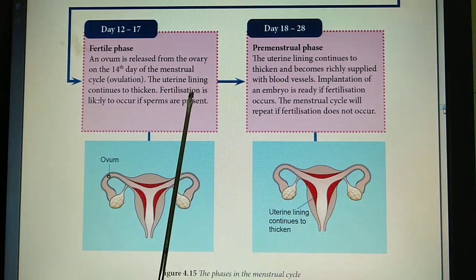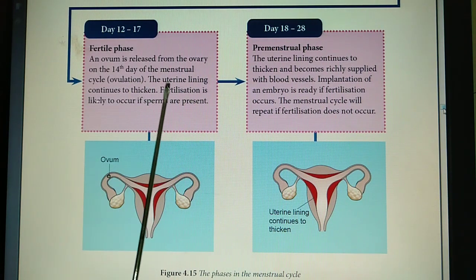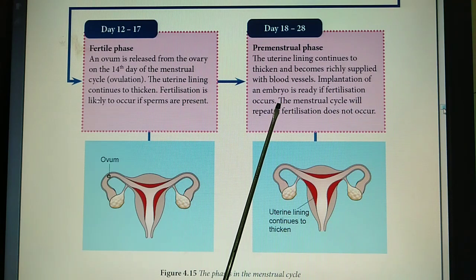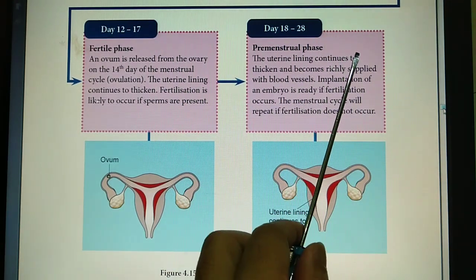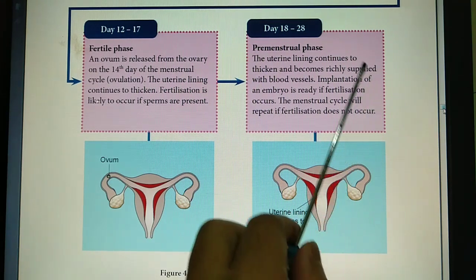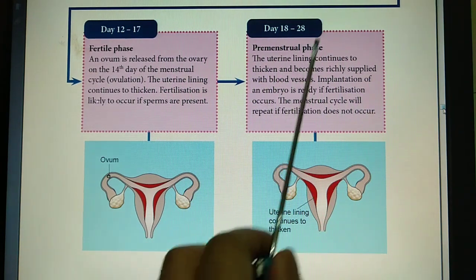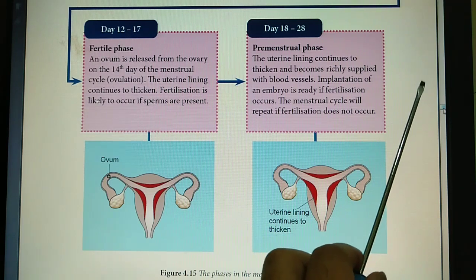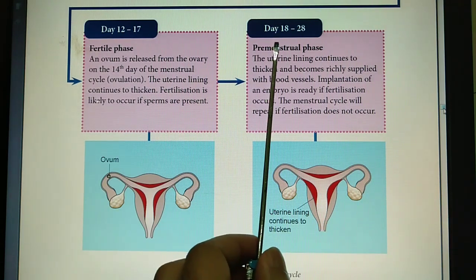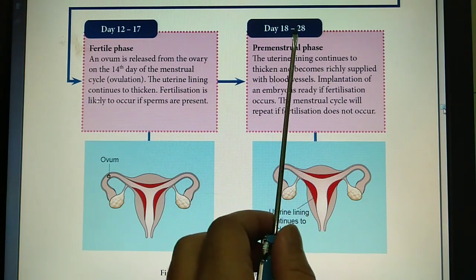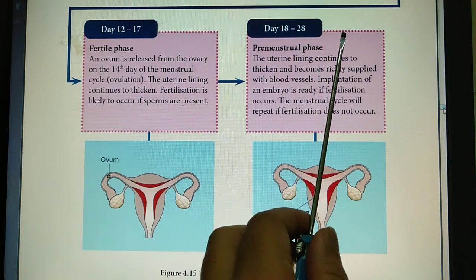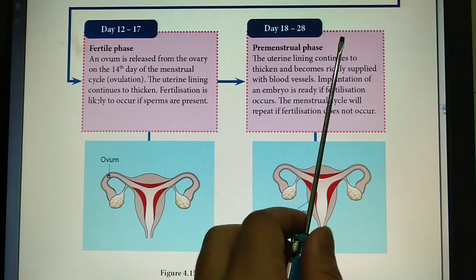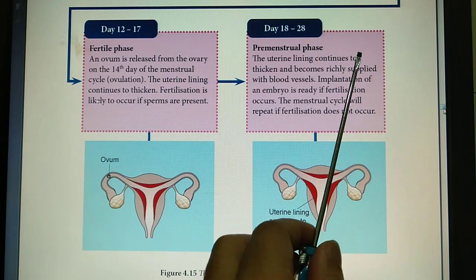But if the ovum is not fertilized, meaning no fertilization occurs, the premenstrual phase will go to the next, new menstrual cycle. So after 28 days, the new menstrual cycle will start with the menstruation process.